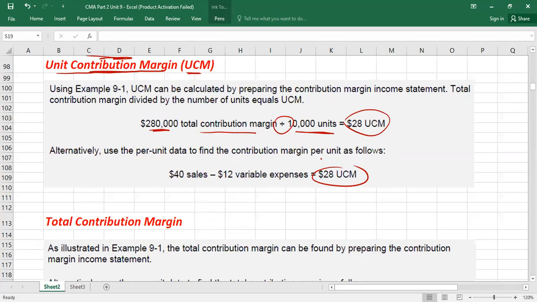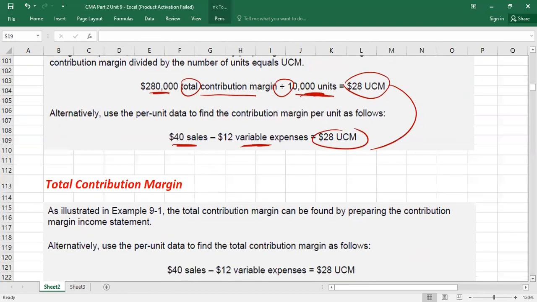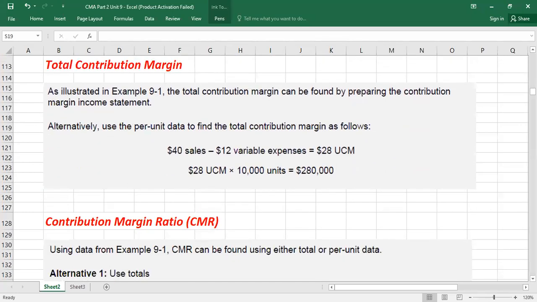As I told you, we can use total contribution divided by total units, or sales price per unit minus variable expense per unit, to get the unit contribution margin. Understood?